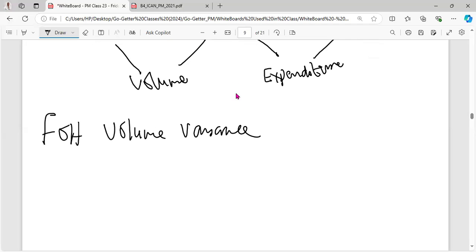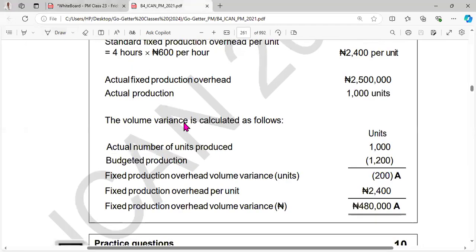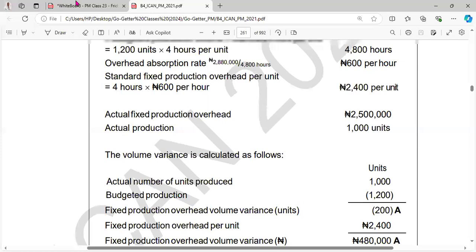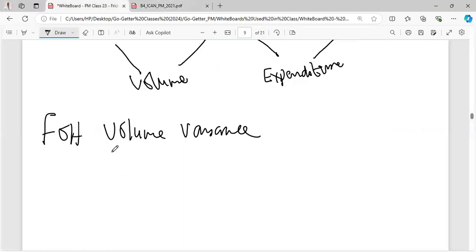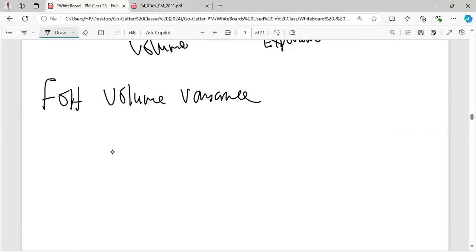Let's look at this again. Actual number and budgeted. It's going to be budgeted hours at standard rate minus actual hours at standard rate.